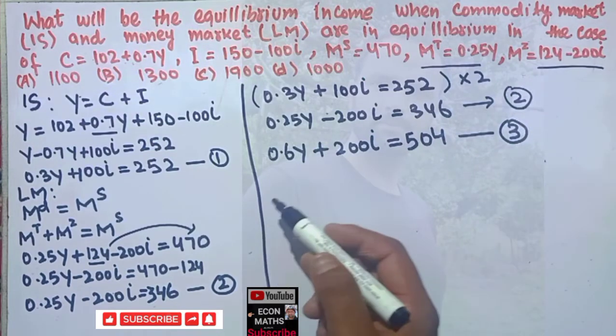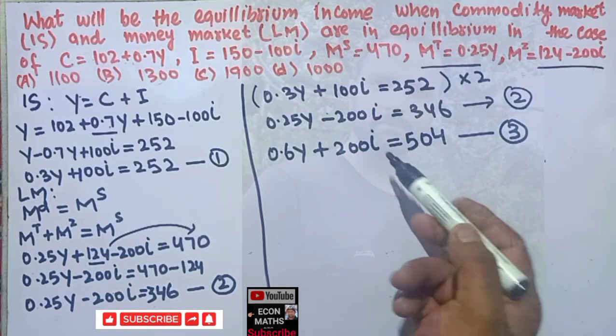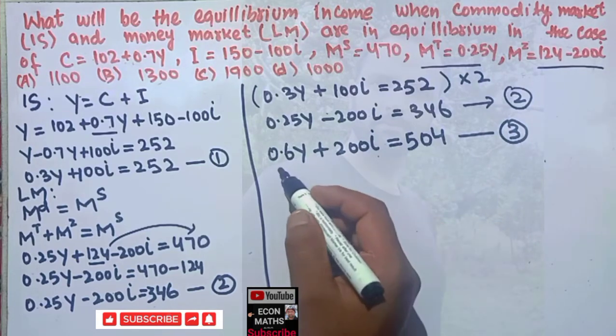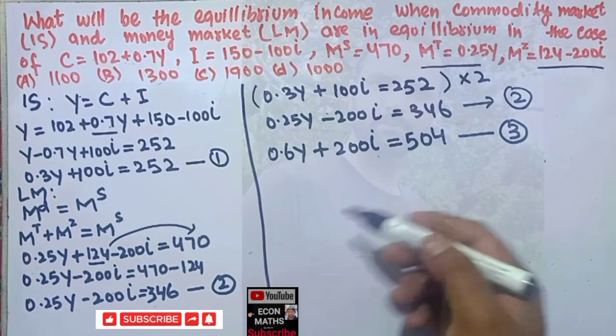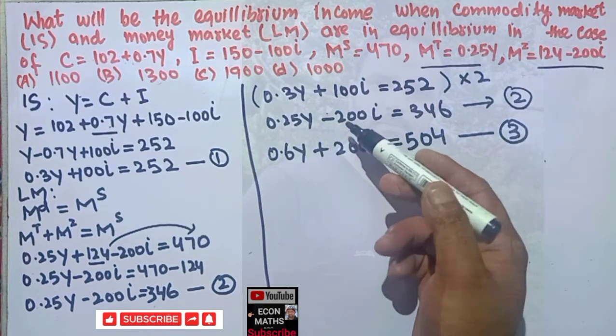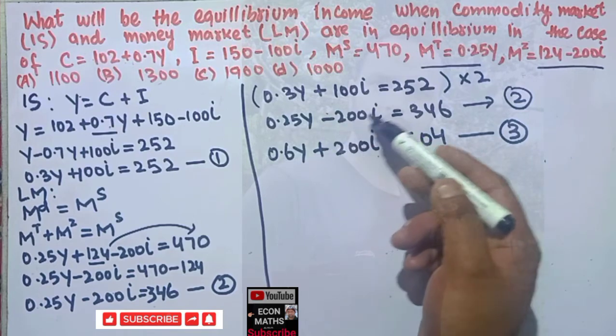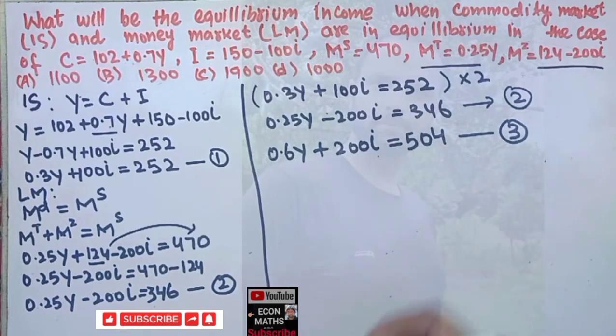Now what will we do? We will just subtract equation third from equation second. Sorry, we have to add these two equations. Then the minus 200i and plus 200i will get cancelled.